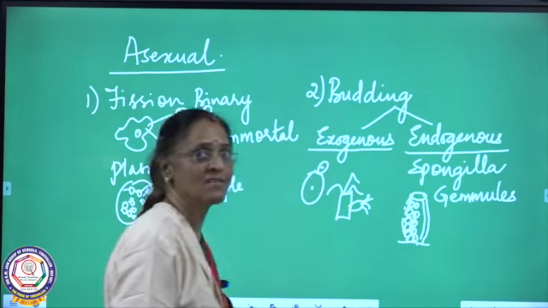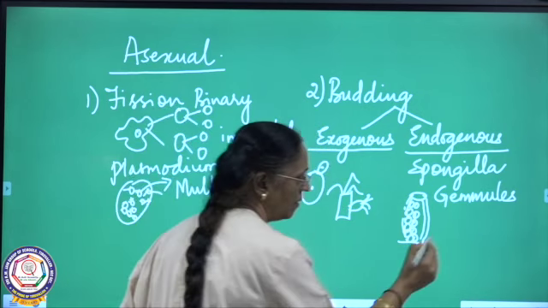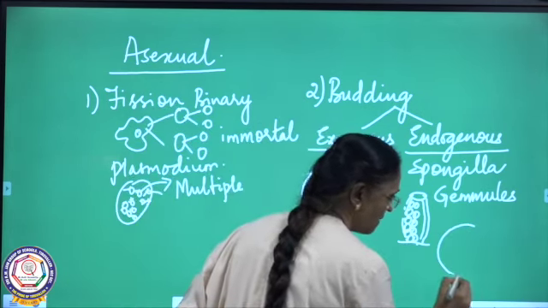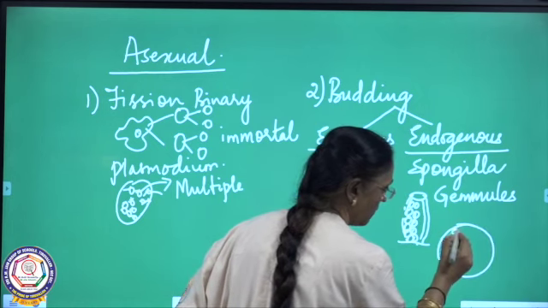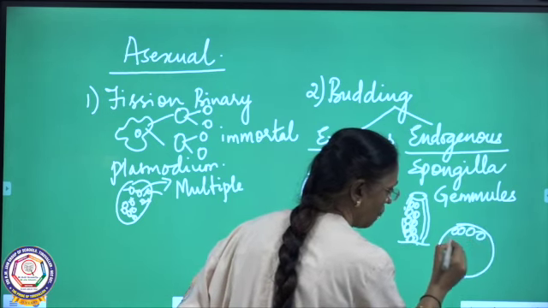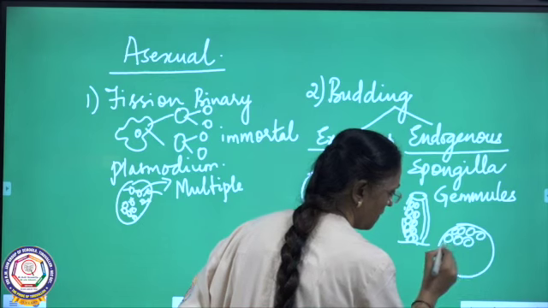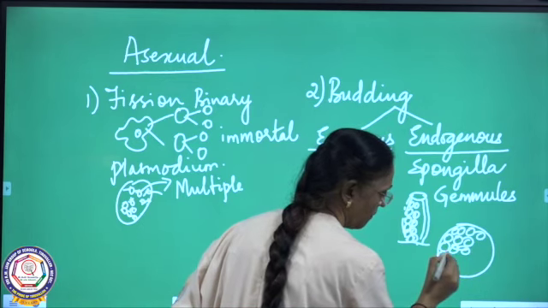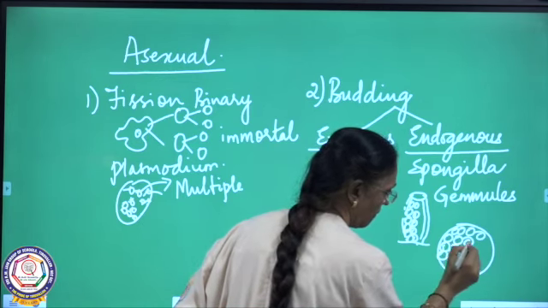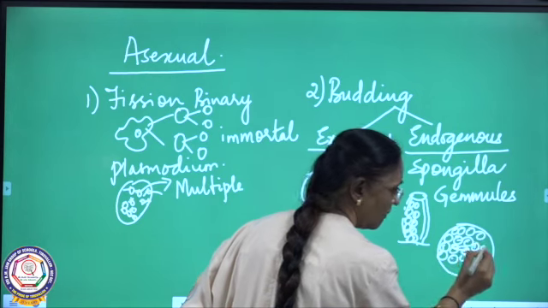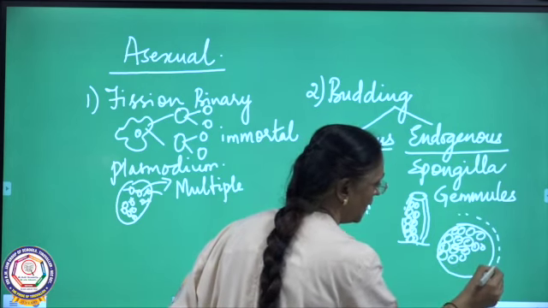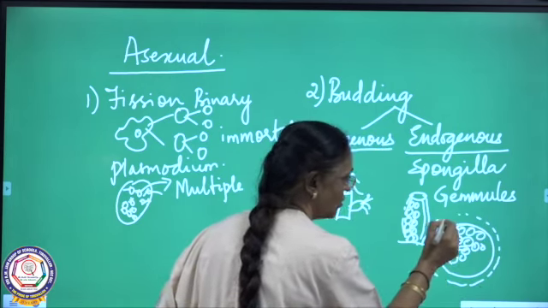Now, the structure of a gemmule is a compact mass of cells encircled by a gelatinous material.